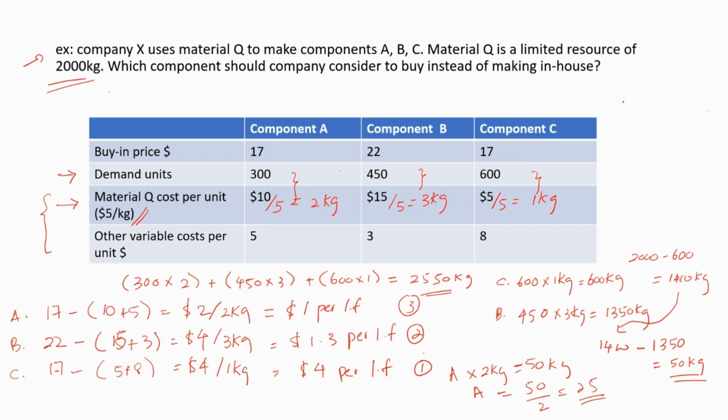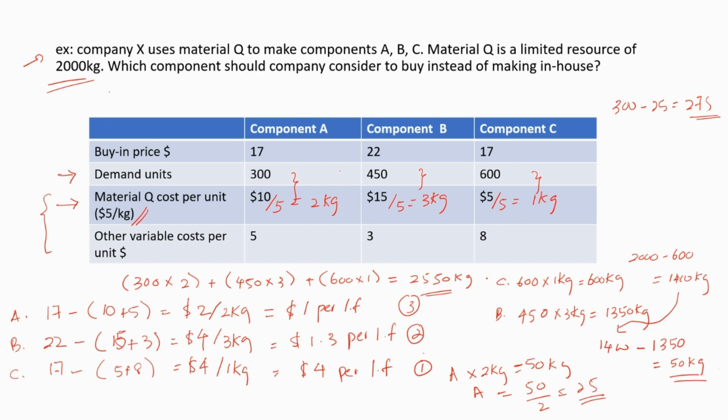Now we have to buy the rest of component A from an outside supplier. The demand for component A is 300. We can still produce 25. This means we have to buy 275 component A from outside.